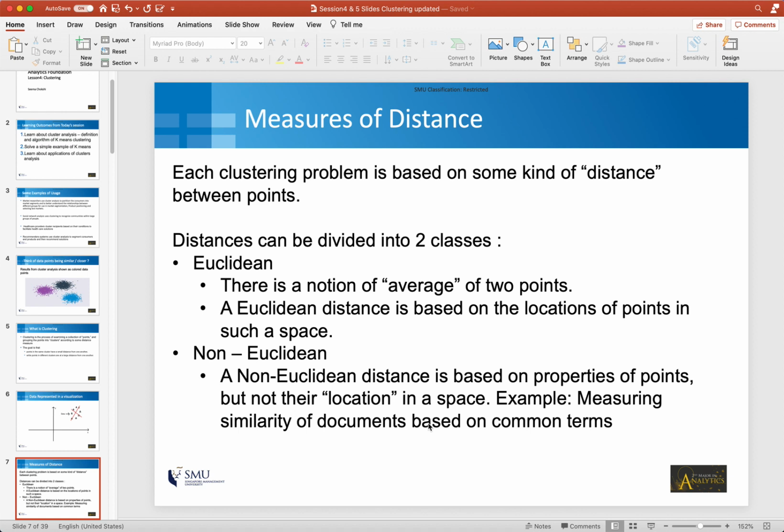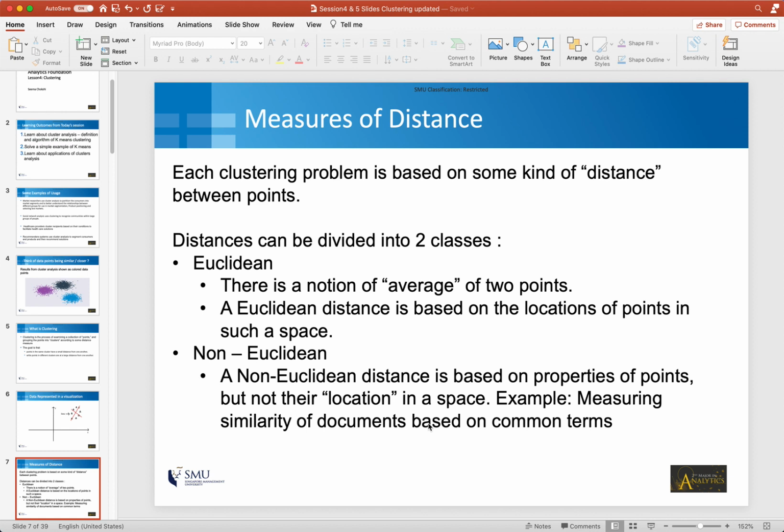Mainly we will be talking about Euclidean distance. But let me give you an example of non-Euclidean distance before we move on to the next slide. If I gave you a set of documents and told you to compare their similarity and dissimilarity, you would be thinking about the terms or the words that are used in the documents.